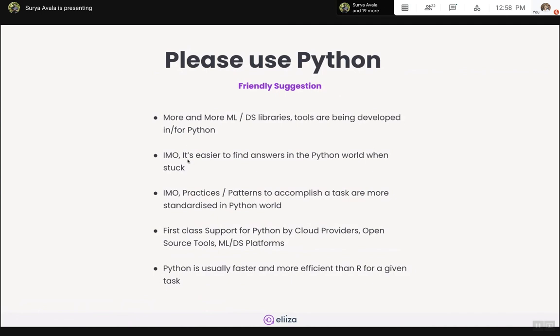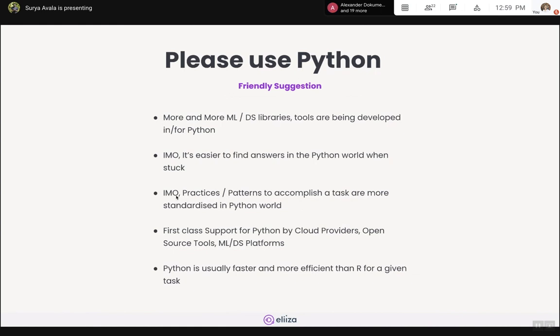And I've worked in both the R and Python worlds, and in my opinion, it's easier to find answers in the Python world when we get stuck. And also patterns or practices for accomplishing a task are more standardized in the Python world.